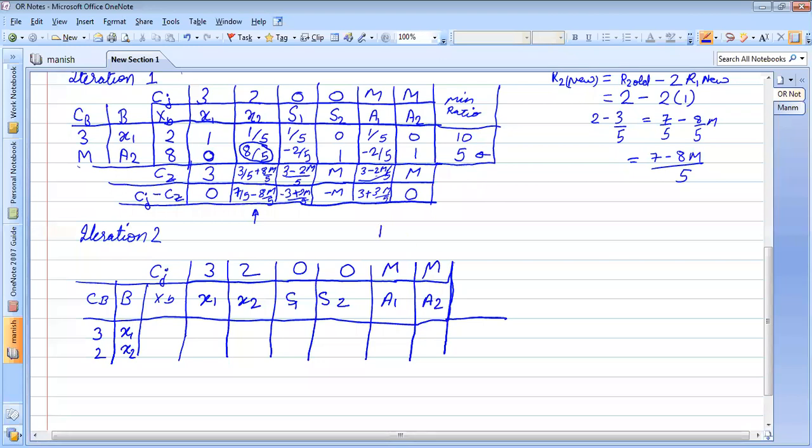So we know that R2 new will be equal to R2 old divided by what? Divided by the element. So 8 divided by 8 by 5 is 5. Okay. 0 divided by 8 by 5 is... Oh, sorry. 0.